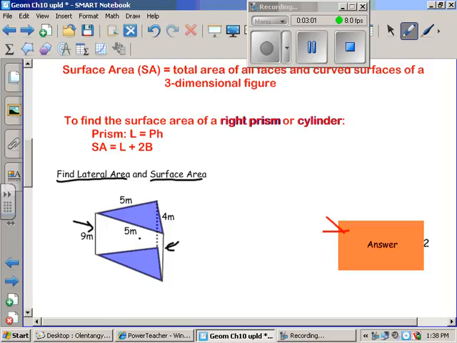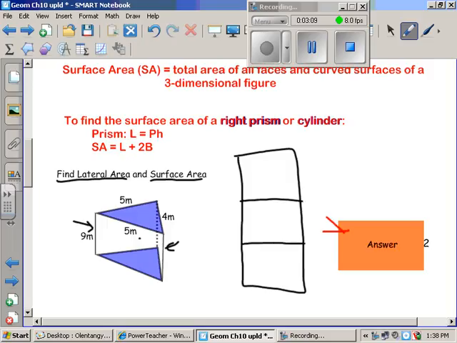The lateral area of any prism, remember, is always a bunch of rectangles. In this case, since it's a triangular prism, there are going to be 3 rectangles that connect those triangles. And I can tell by 5, 5 and 4 that this is an isosceles triangle. So when I draw it, I'm going to have an isosceles triangle here. Then I start labeling what I know.